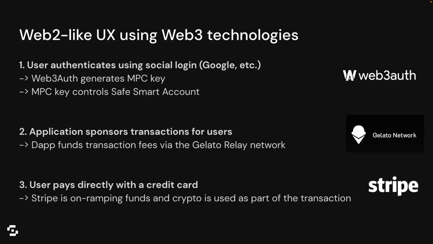So if you have your Google account, soon you can go to the Safe wallet and use your Google account to create a Safe. Also you can leverage the relaying service so that users do not pay for transactions. This is taken care of by the relaying service. And soon you can also on-ramp via credit card to deposit, for example.